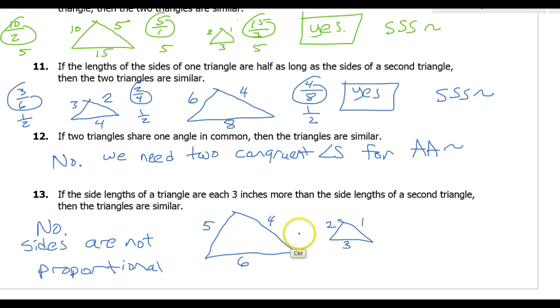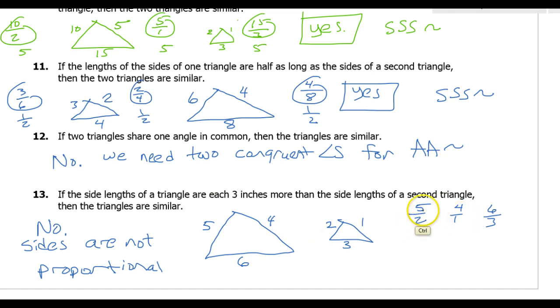So the question is, are these similar? So if I do new over old, that's going to give me 5 over 2 and 4 over 1 and 6 over 3. So to have side, side, side similarity, all of these sides need to be proportional.